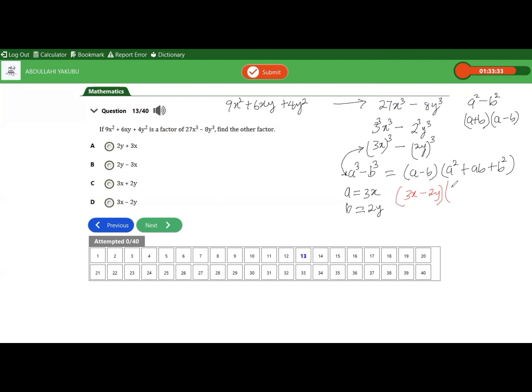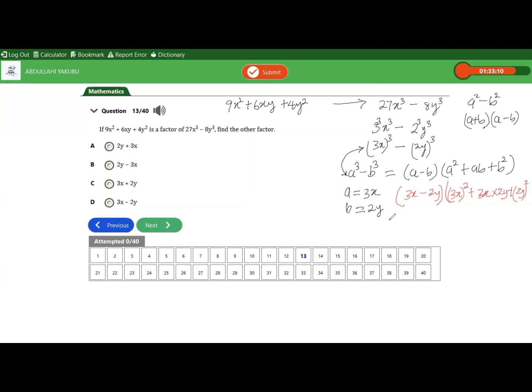A is 3x and it is squared. I have 3x all squared plus a, which is 3x, ab, that is multiplied by b, which is 2y, plus b squared, which is 2y all squared.